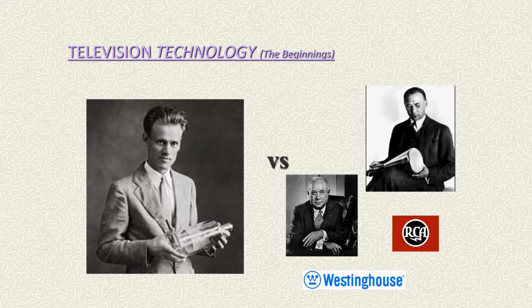RCA, of course, argues that Farnsworth has stolen the technology, used their technology in his patent, and of course Farnsworth countersues, saying that no, he was the first one to come up with this technology, and his patent should be solely owned by him, and that Zworykin and RCA are infringing upon his patent rights.